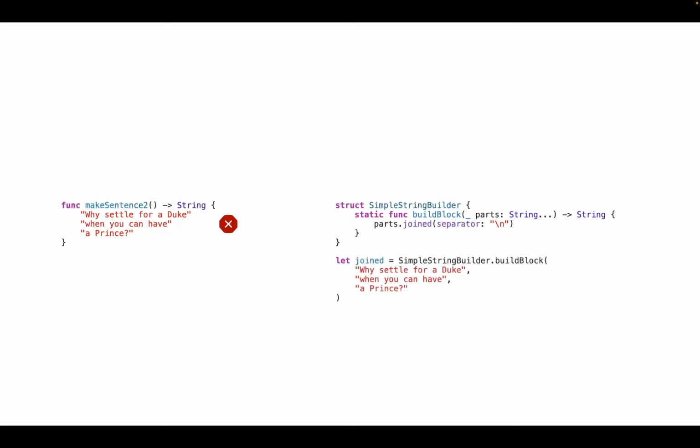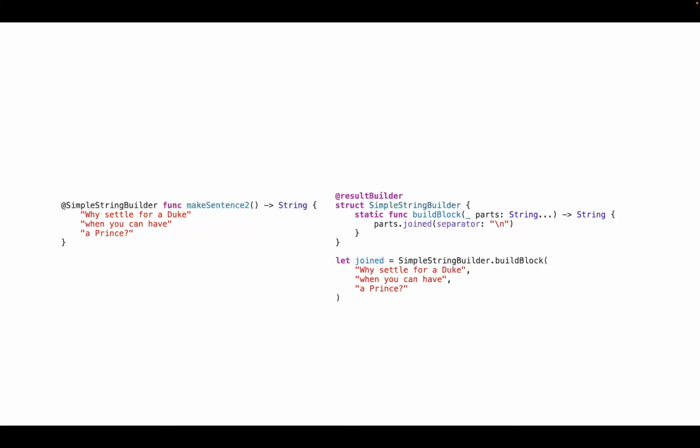So you can just do something like this, called a build block function, and then pass all of them in. And the nice thing inside Swift is that you can mark this very special structure with result builder. Okay, and then this simple string builder will become a result builder itself, so that you can use that to annotate other functions to be a simple string builder as well.